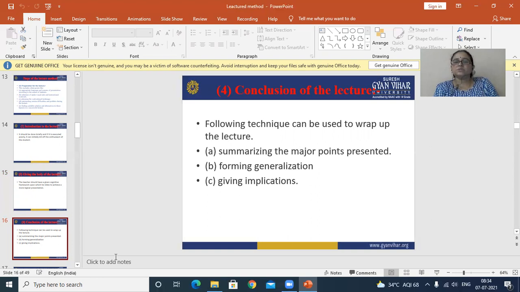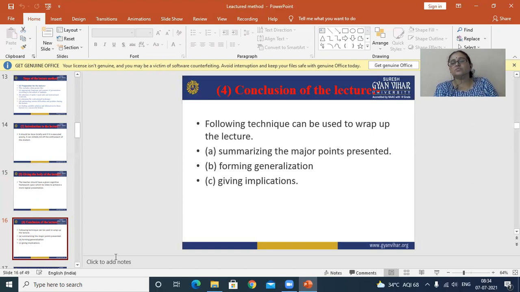Fourth step is conclusion of the lecture. The following techniques can be used to wrap up the lecture: summarizing the major points presented, forming generalization, giving implications.